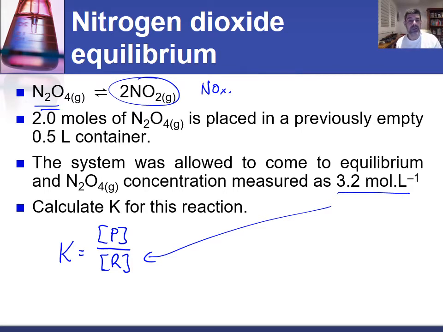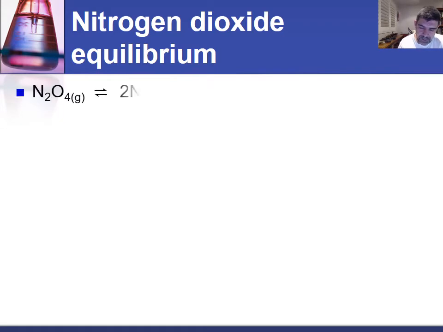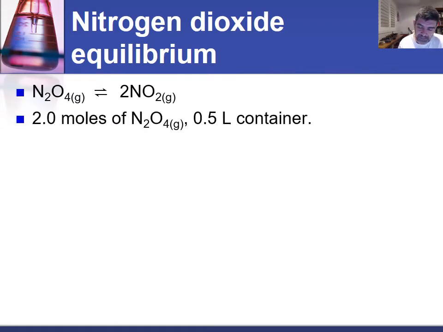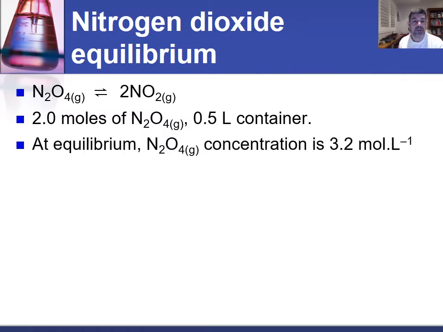So let's start with a new slide and summarize this information. The key points are, here is the equation. We start with 2 moles of dinitrogen tetroxide in a 0.5 litre container. And we know that at equilibrium, the concentration of the dinitrogen tetroxide is 3.2 moles per litre.